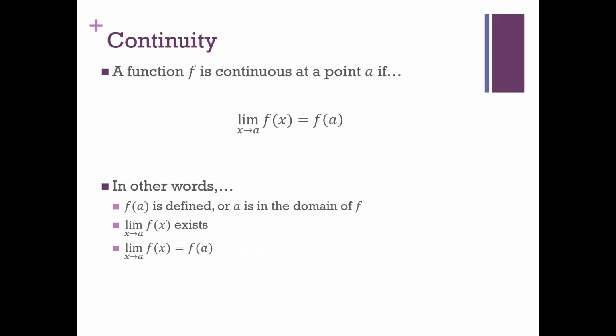Just for my curiosity more than anything, is this brand new to most of you? Okay. And it's one of those things that really until now, there's not a huge push to really get into it. But now we're going to need this precise definition. Any questions on the definition? Okay.